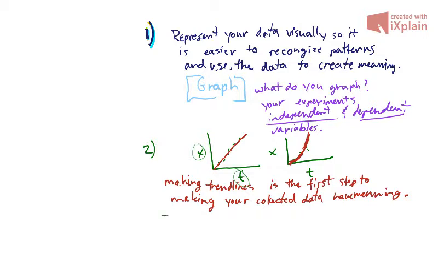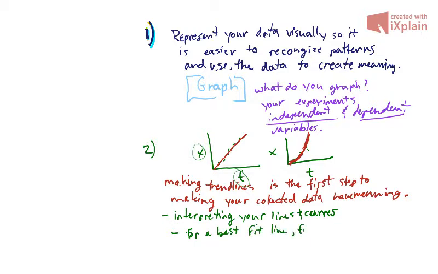Continuing along this line, interpreting your graphs, or interpreting your lines and curves. To interpret your lines and curves, I'm not going to go super in depth on this, but I will remind you that for a best fit line, find the slope.